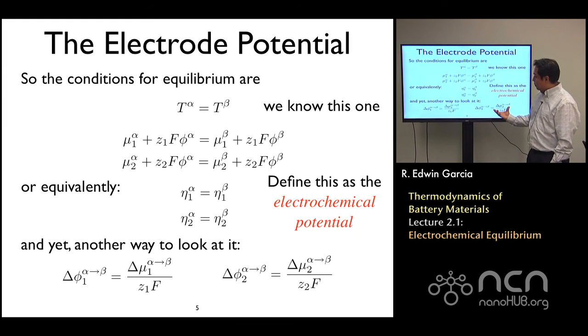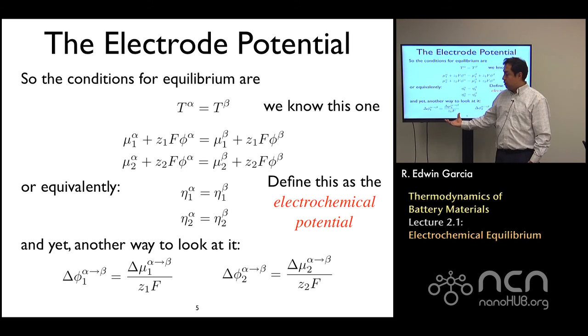Okay. Now, this chemical potential difference divided by zF could also be thought of as a Gibbs free energy transformation, which is what we saw last week, and that defines the potential the system has.